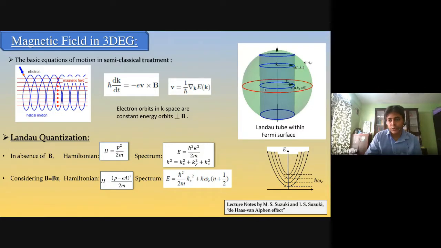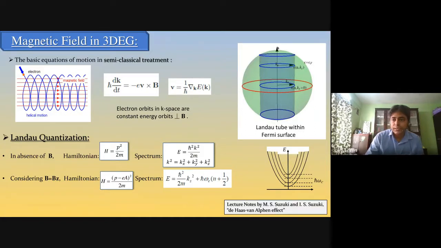In the Landau tube, all these electrons move along its surface and in planes parallel to the kz direction, but they not necessarily have the same energy. For example, the energy of this one, where kz equals 0, is least compared to the other cyclotron loops where kz has some non-zero values.